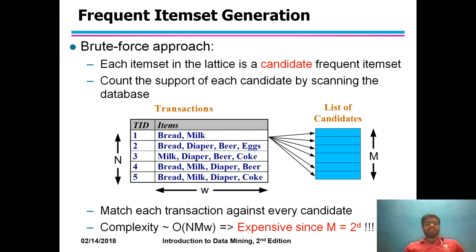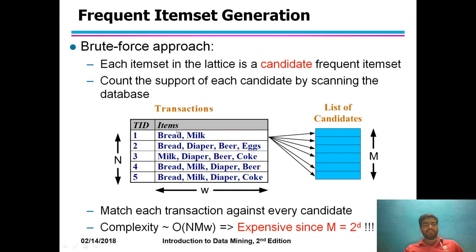Now if you take the brute force approach, each item set in the lattice is a candidate item set. So here in this transaction, bread, milk is one candidate item set; bread, diaper, milk, beer, eggs is also a candidate item set.